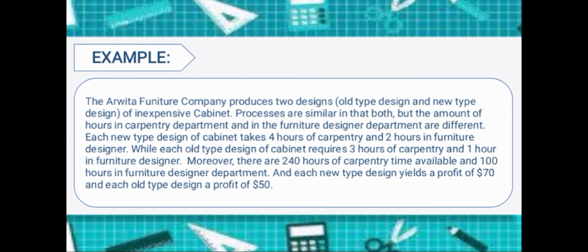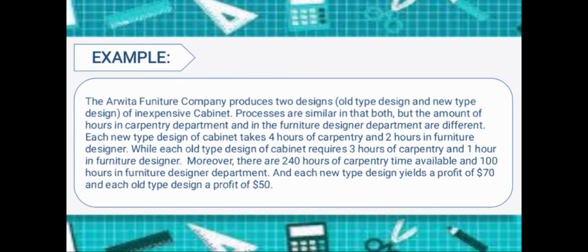Each new type design of cabinet takes 4 hours of carpentry and 2 hours in furniture designer, while each old type design of cabinet requires 3 hours of carpentry and 1 hour in furniture designer. Moreover, there are 240 hours of carpentry time available and 100 hours in the furniture designer department. And each new type design yields a profit of $70 and each old type design a profit of $50.